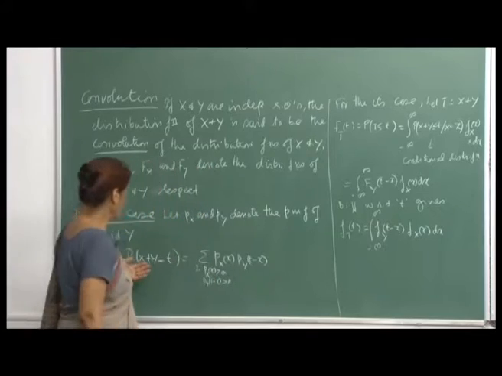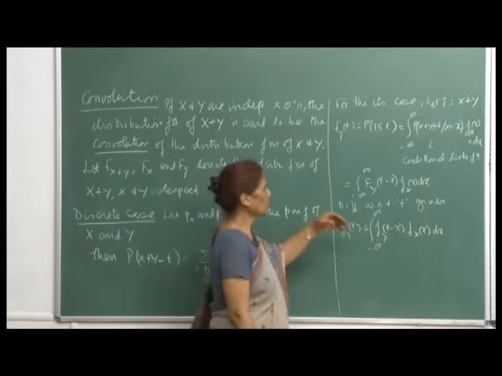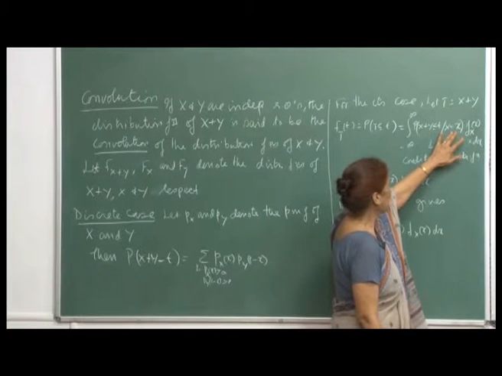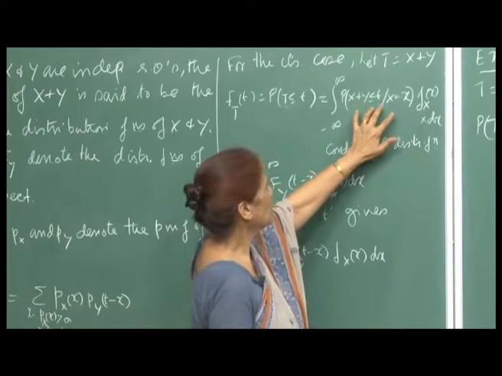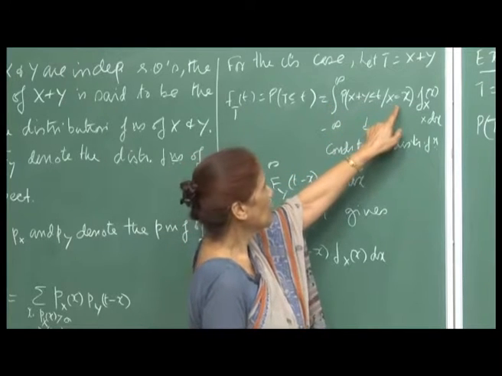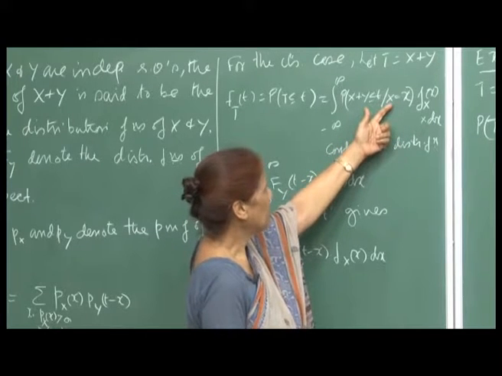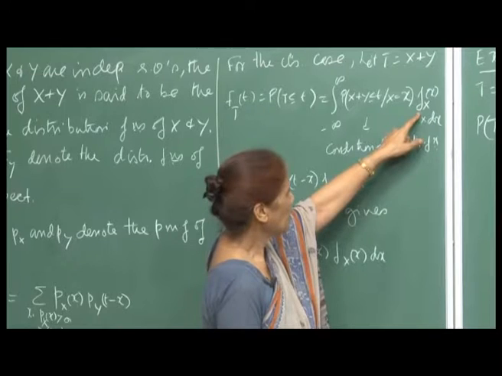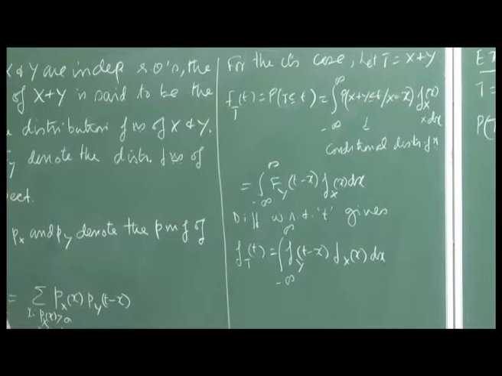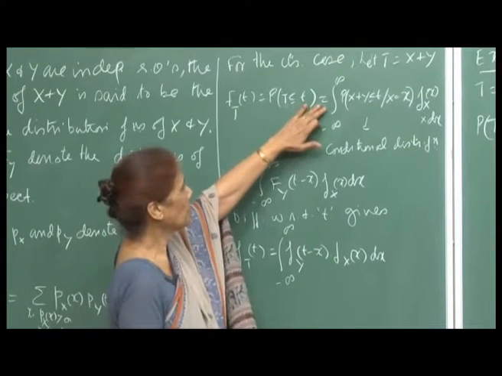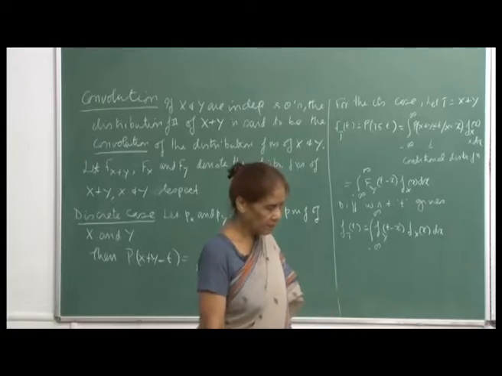Just as here we chose the value of X and then the corresponding value of Y got fixed at t minus x, here you condition on X equal to x and then take the probability that X plus Y is less than or equal to t. This is multiplied by the probability that X takes the value x, that is the PDF of X at small x, which will be f X of x dx, and your x can vary from minus infinity to infinity. This is a general expression, and of course the range will depend on the values that your random variables take.